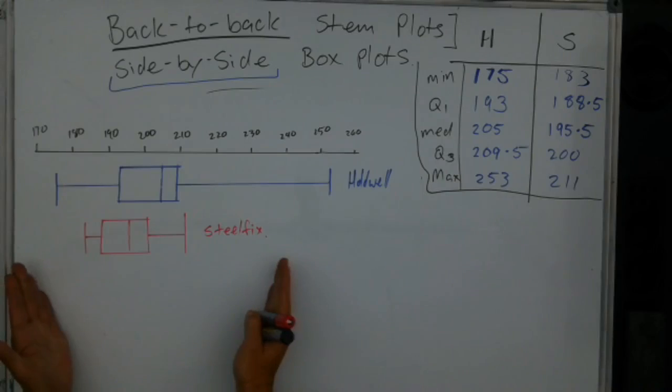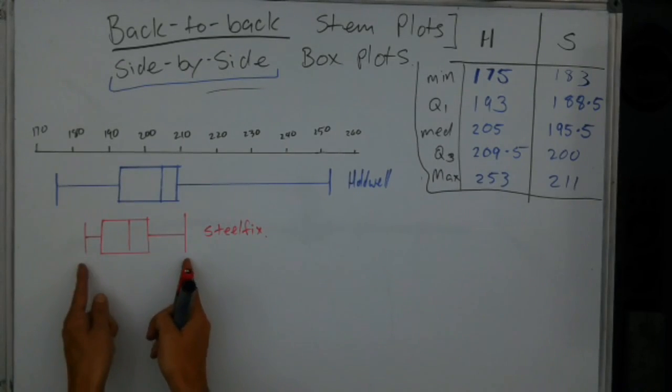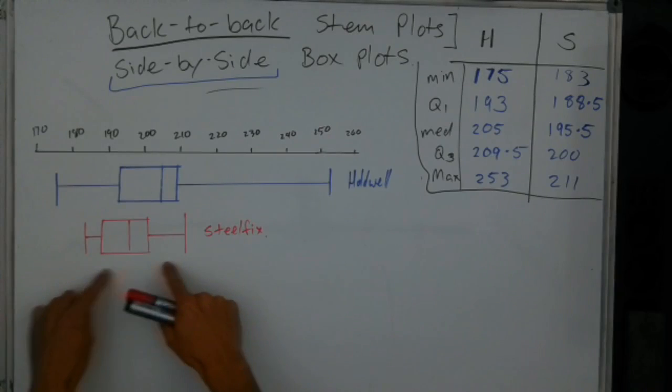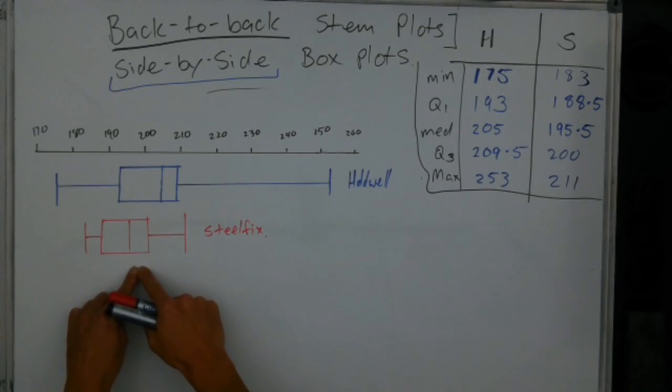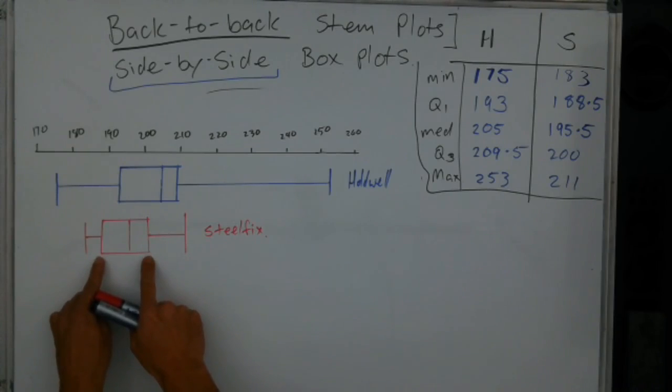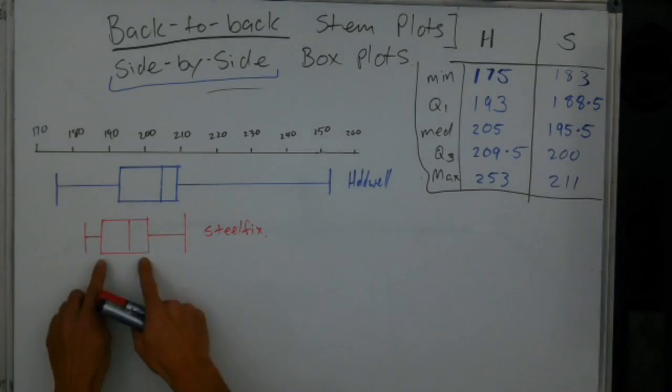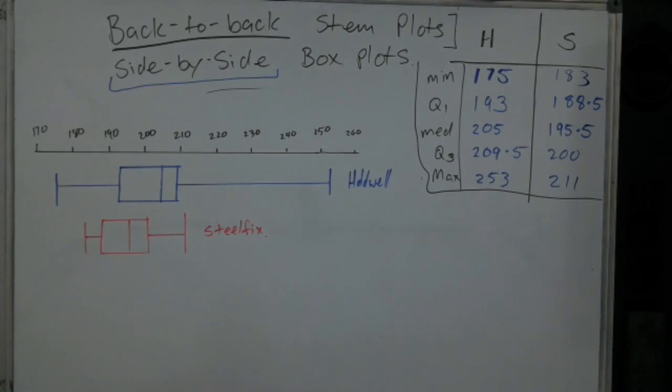Whereas with Steel Fix, because all that data is squashed into this little area, we can sort of say that the strength of Steel Fix nails is much more reliable and consistent, and if you pick a random nail from the factory, you're more guaranteed to get one that is in a consistent range. And considering half of the data is between 188.5 and 200, it's very consistent.